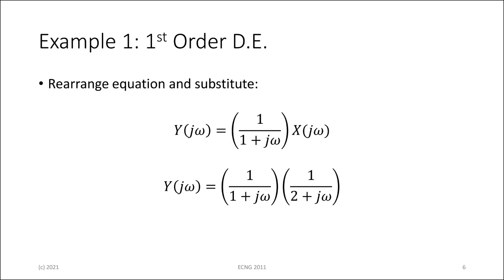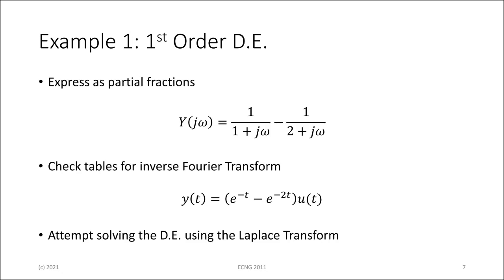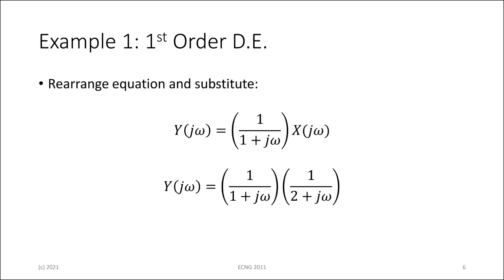Once you have this, to solve this particular equation, you're going to have to separate into partial fractions and then go back to the tables themselves. So you separate it into partial fractions. So this is going to be A over 1 plus j omega plus B over 2 plus j omega.